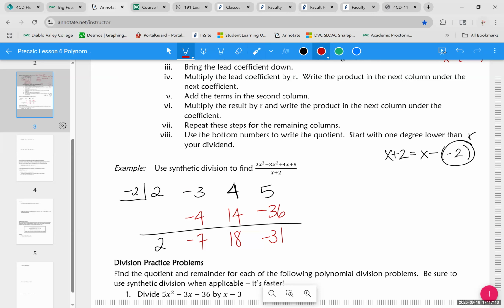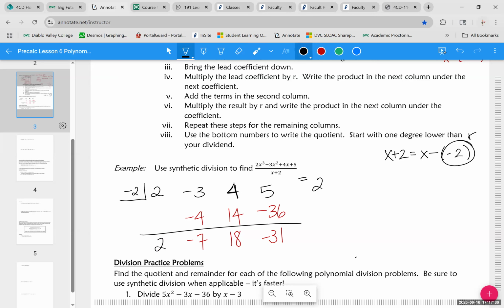And once you've done this, this line of numbers is your coefficients and your remainder. So this will be your leading coefficient of the quotient, and you always start 1 power less than the highest power term, or the degree of what you were dividing into. So since this was a power 3, I'm going to start with a power of 2.